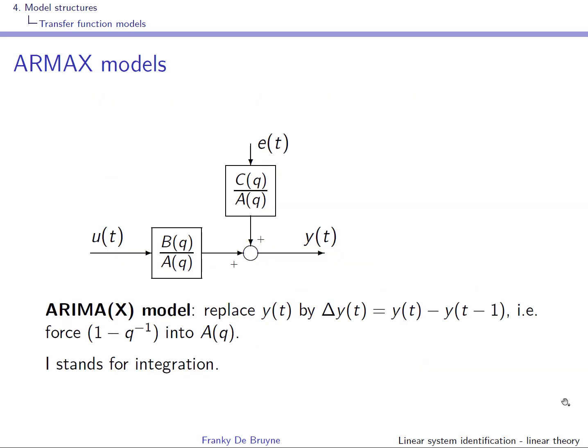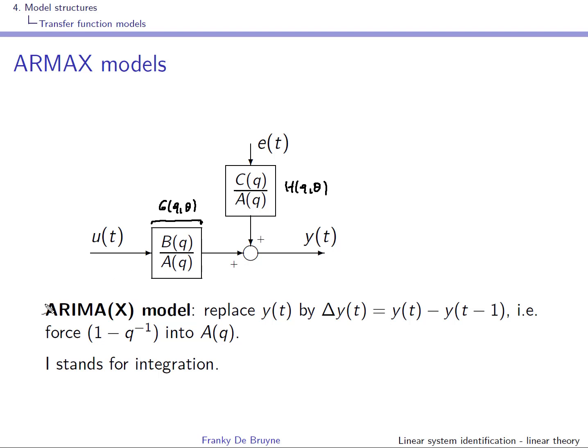So with the ARMAX model, this is the input-output transfer function, the same as for the ARX model. And here we have the noise model, and it's here that we have additional freedom.